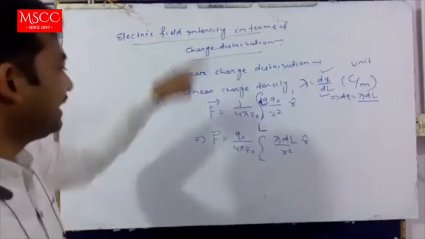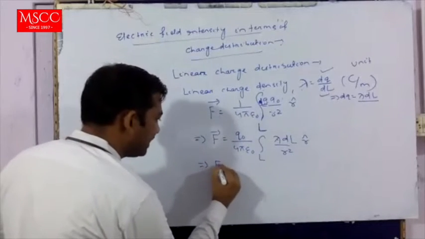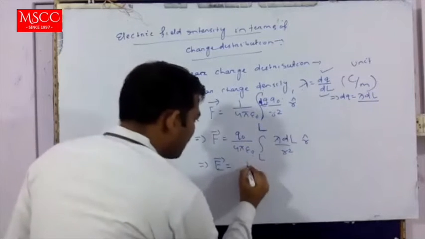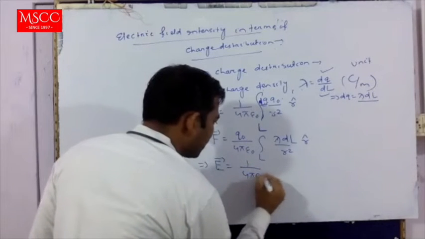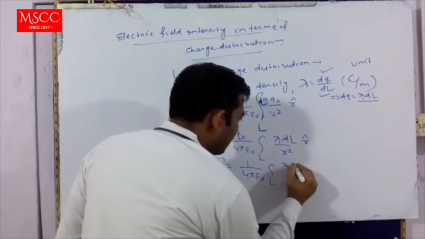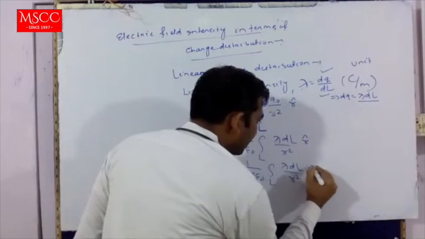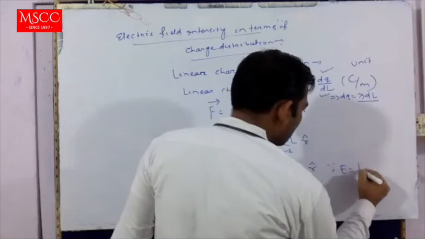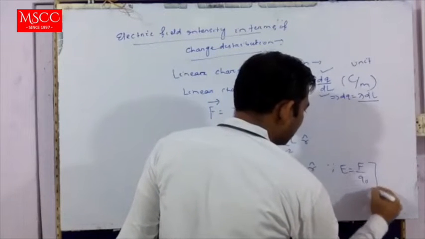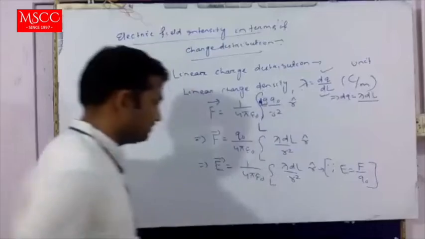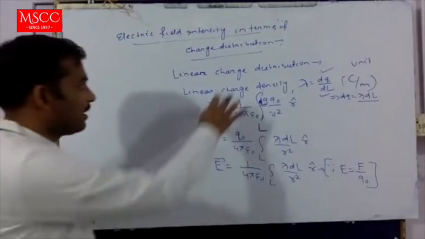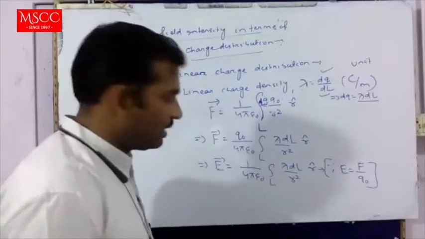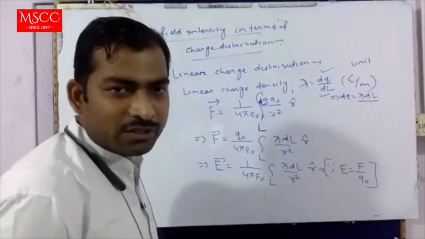Similarly, for electric field intensity, E equals 1 by 4 pi epsilon naught integral over L of lambda dl by r square r cap, since E equals F by q naught. This is for linear charge distribution.